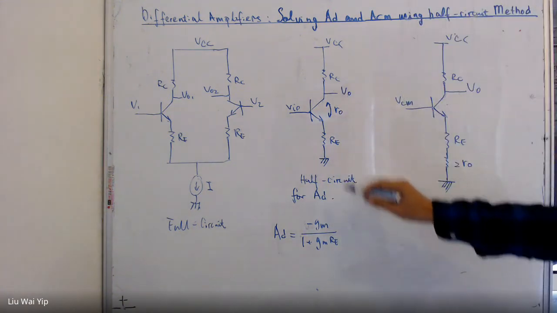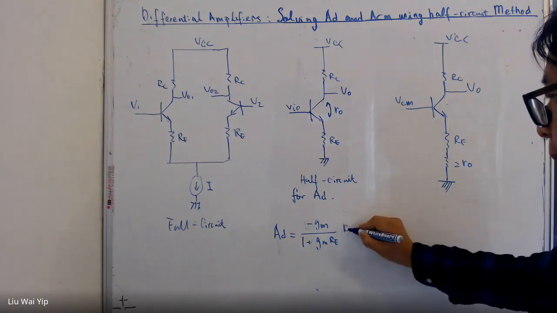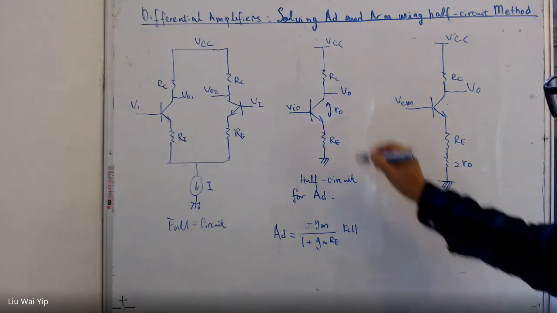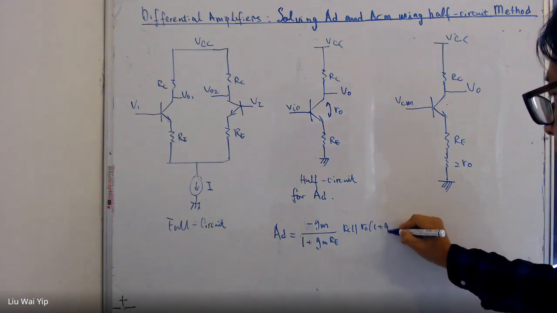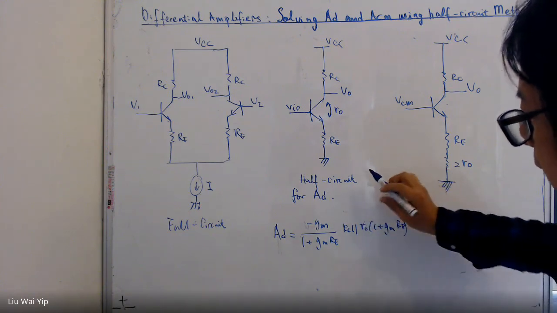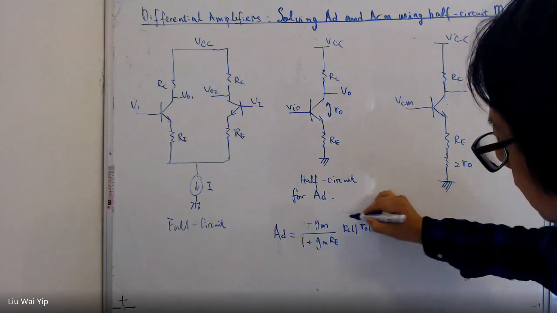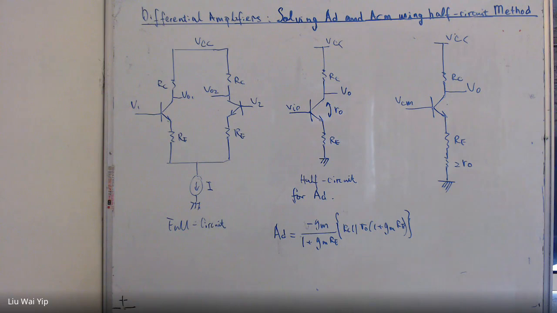And then the total output resistance, which is RC in parallel with R0 times 1 plus gm RE. So this is the differential voltage gain for this circuit.